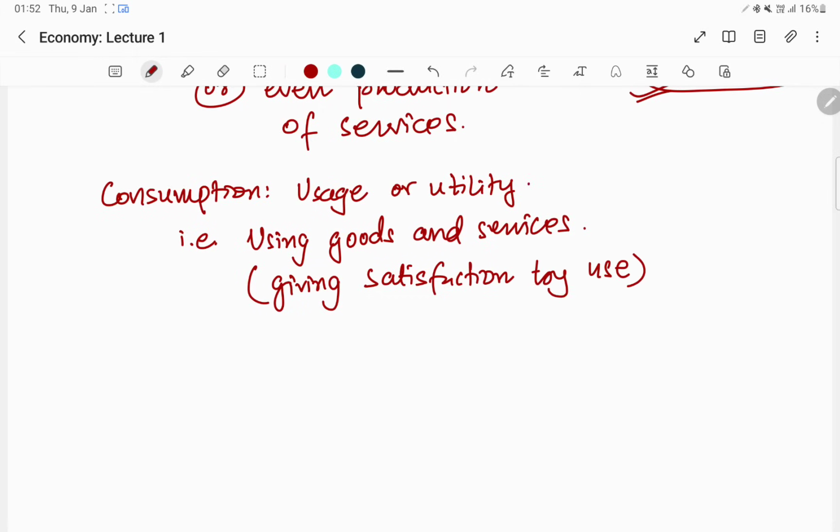For example, now you are attending this class, so it is giving you some kind of satisfaction that somewhat I am able to understand the part of economy, right? Similarly, it goes with goods also. For example, the gadget on which you are watching is providing you some kind of utility, usage. That is a part of consumption.